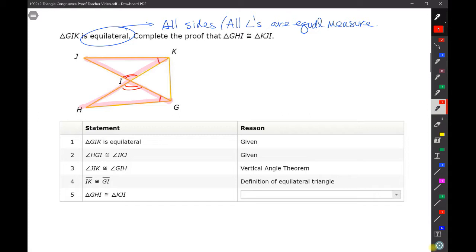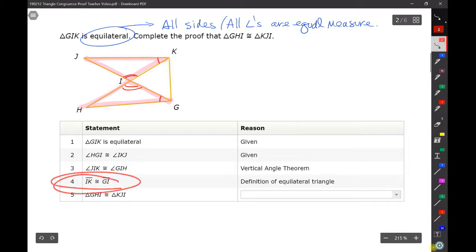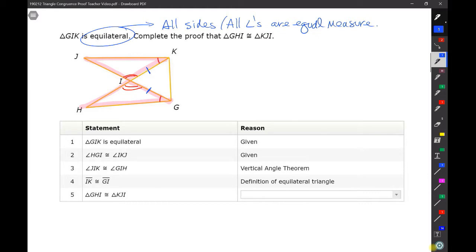Now, check out this statement right here: IK is congruent to GI. That's segment IK, a side of the triangle, so I'm going to mark that in blue. IK is congruent to GI. Why can we say that?